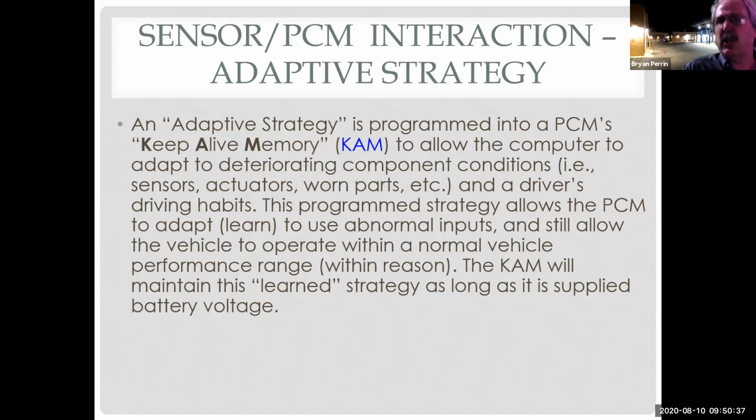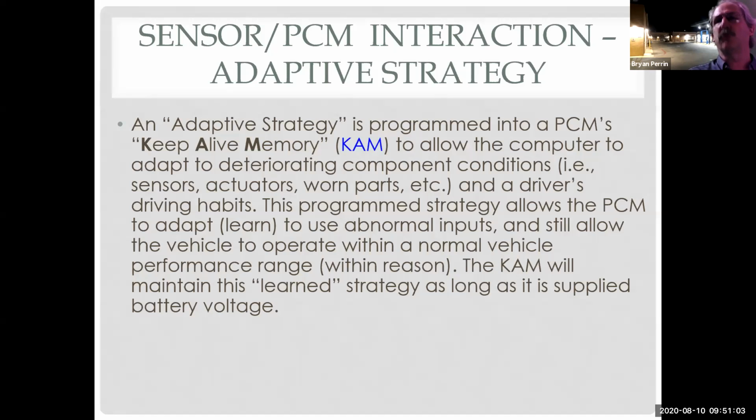So as things get dirty, as things wear, this allows the computer to compensate so your car still drives great. But if I have a car that's adjusted for all these things and then it loses battery power and goes back to the factory presets, it may not run good for a little bit. Very, very common. Sometimes people change the battery and go, "Now my car runs really bad."